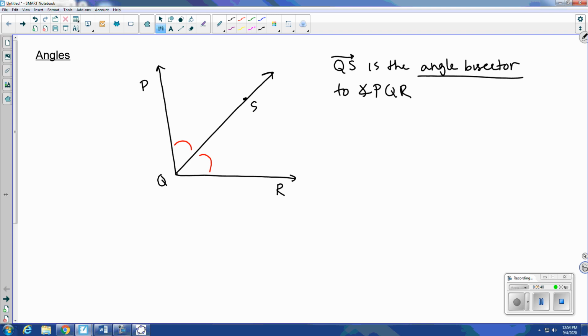Remember, bisector means cut in half, so we can now say, as a result of this, that the measure of angle PQS is equal to the measure of angle SQR. And if their measures are equal, they're congruent. So you could have also said that PQS is congruent to angle SQR.